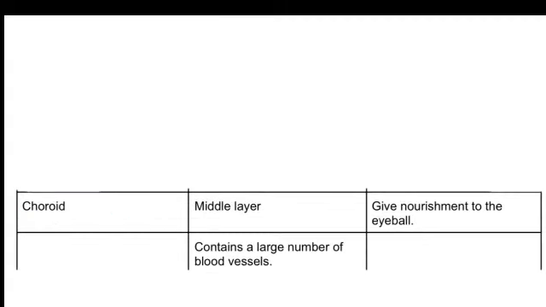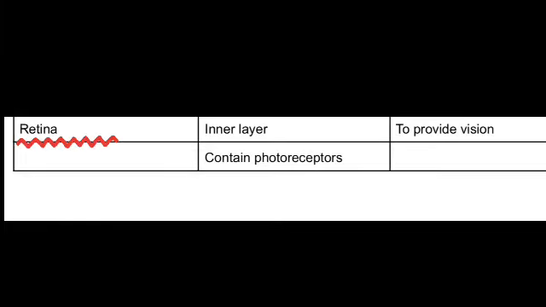Choroid, the middle layer, contains a large number of blood vessels. It gives nourishment to the eyeball. Next, the retina is the inner layer, containing photoreceptors. Its function is to provide vision.